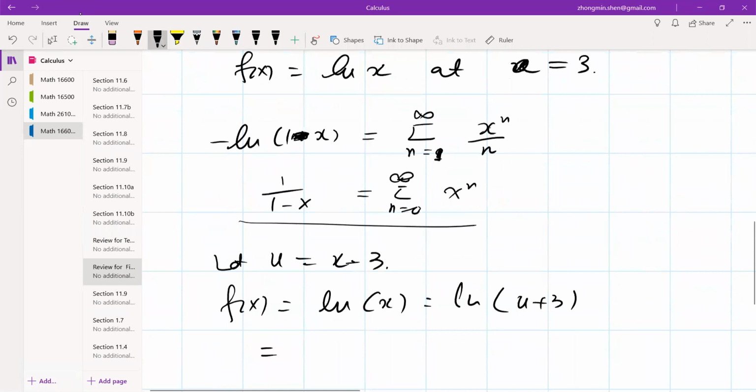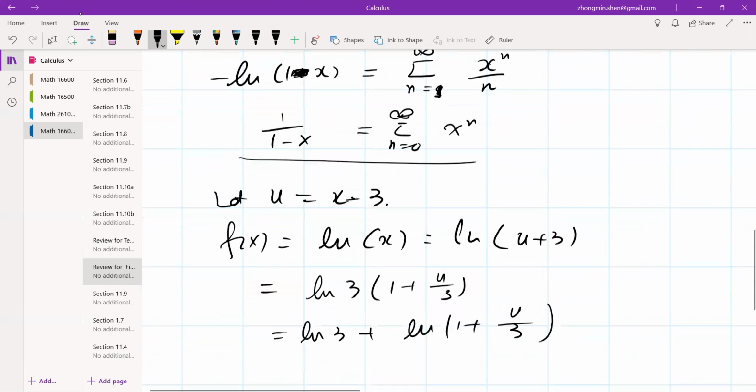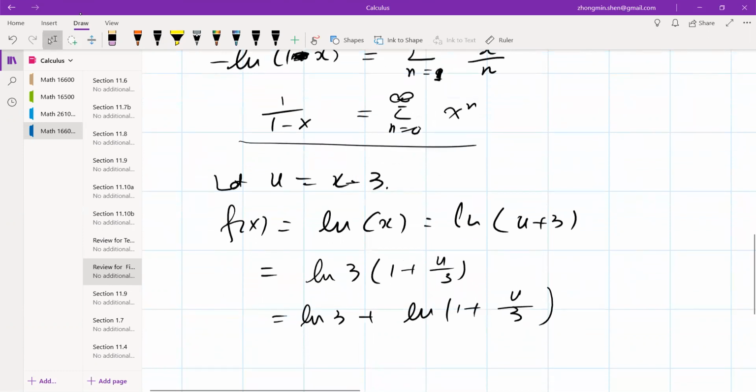So you have to express it like 1 plus u, so it's going to be natural log of 3 times 1 plus u over 3. And then this is natural log of 3 plus natural log of 1 plus u over 3. So this is very similar to the above one. Since I already know the above formula, I'm going to change it to negative x: natural log of 3 plus natural log of 1 minus negative u over 3.